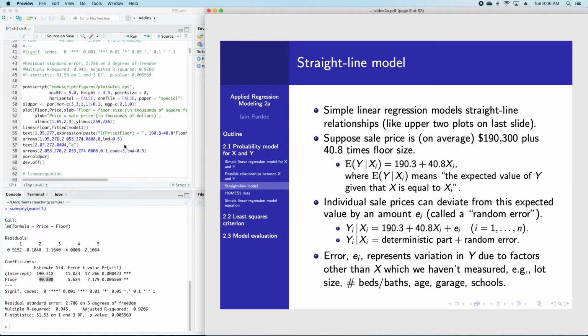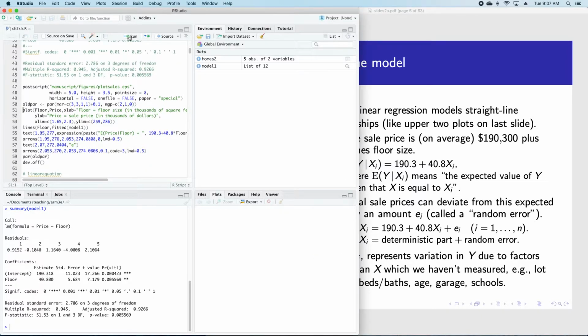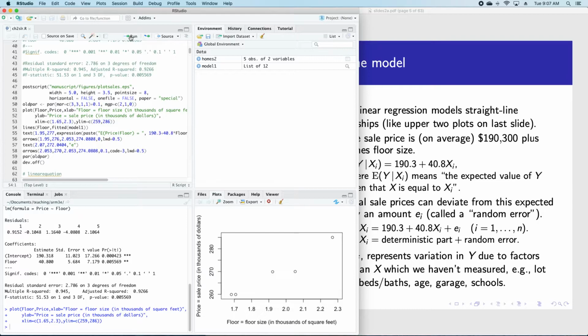The nice thing about simple linear regression is we can see everything that's going on in a scatter plot, with the response variable on the vertical axis and the predictor variable on the horizontal axis. So let's draw that scatter plot.